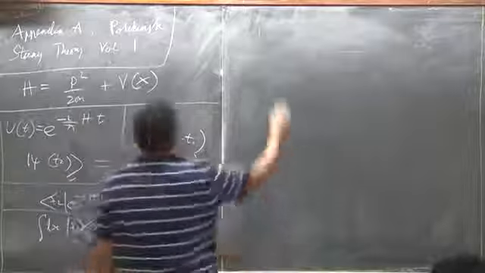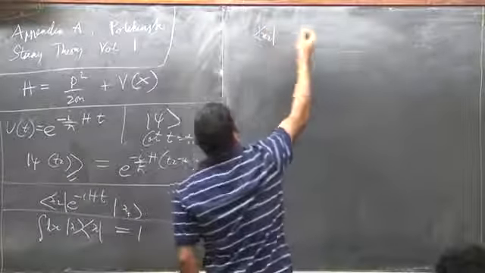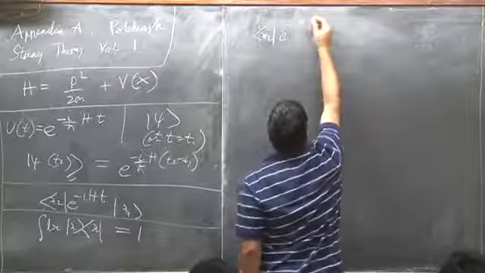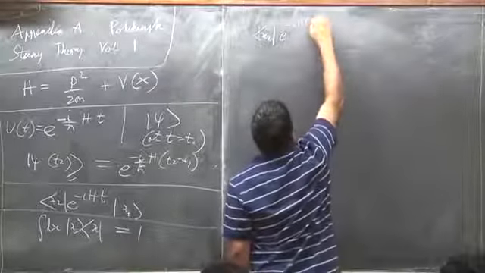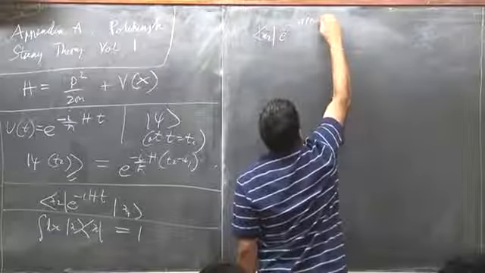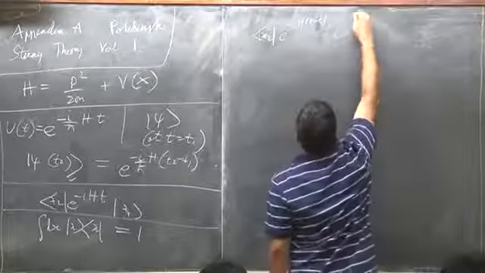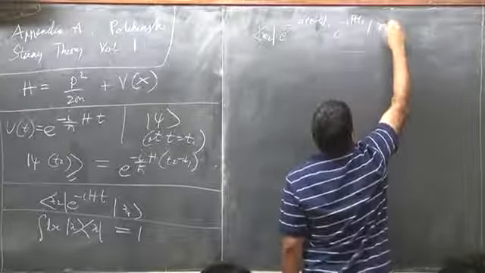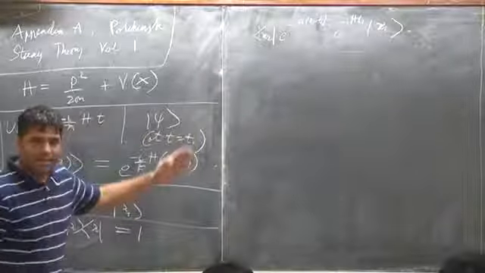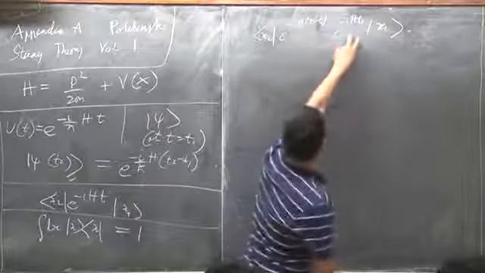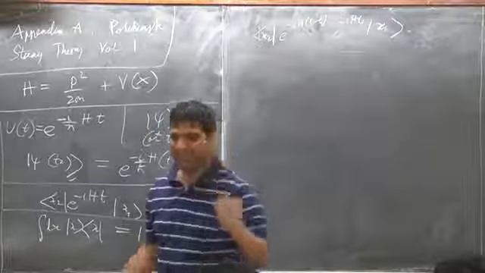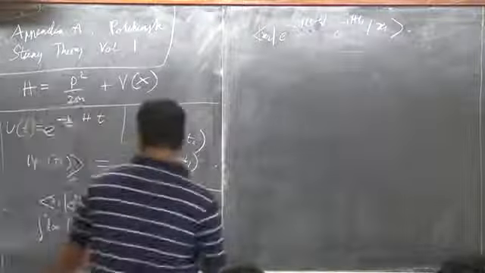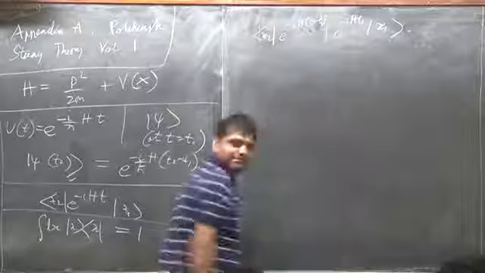So at any point of time we could rewrite this operator as e to the power minus i H times t minus t1, times e to the power minus i H t1. This is trivial. I've used the fact that these two operators commute because H is the same H. And then I can insert the identity into here.